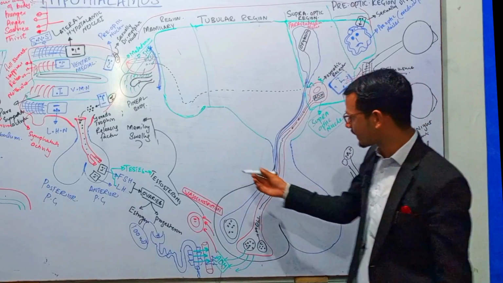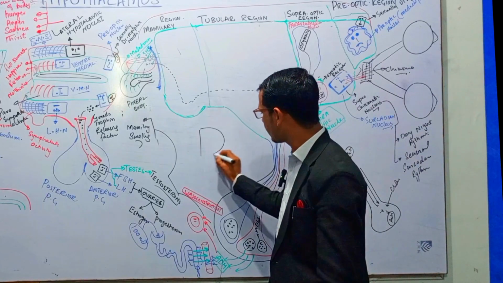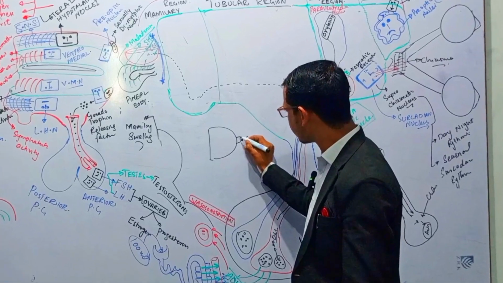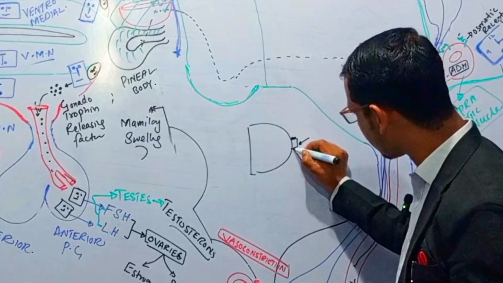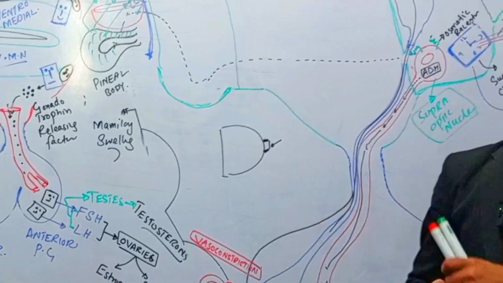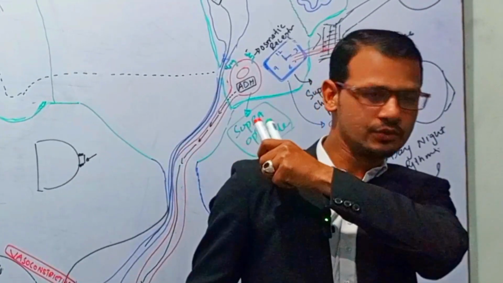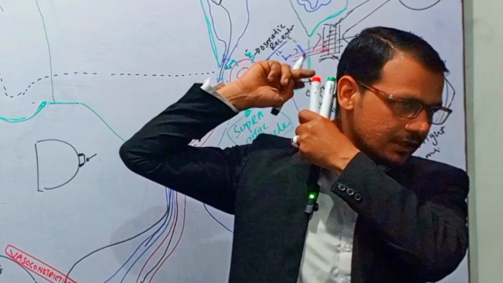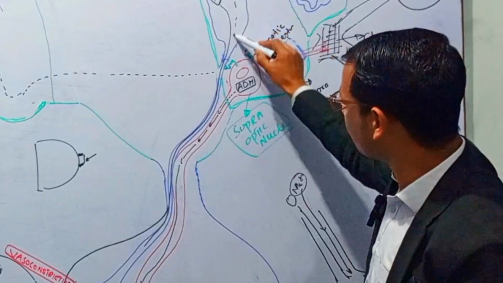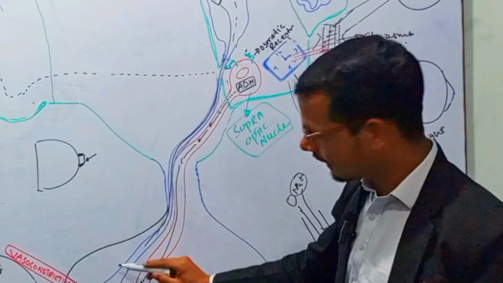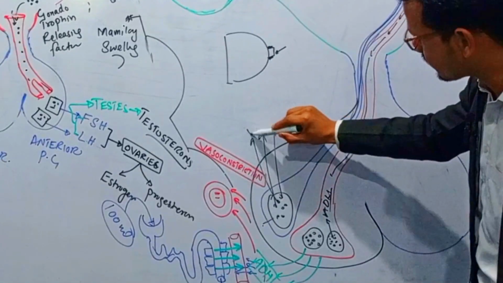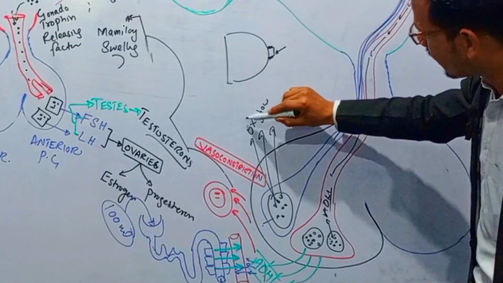When the baby sucks, for example, this is breast, and when baby sucks these nipples, there are special types of very sensitive neurons, and they will be activated, and the signal moves to brain and eventually enters into hypothalamus, and this nuclei is activated, and releases oxytocin.